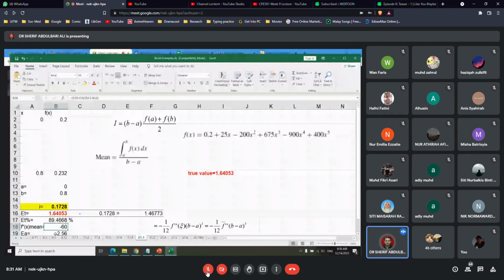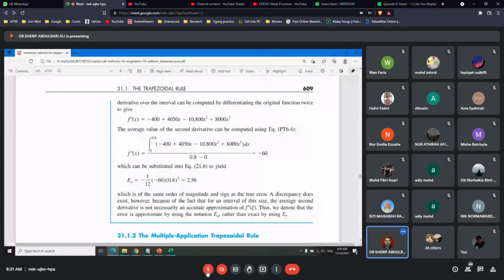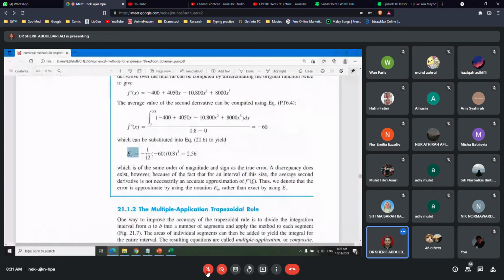Negative 1 over 12 times the mean of the second derivative of the function, which is negative 60, came from here, with the limits 0.8 minus 0 cubed. So the answer is 2.56. So now you already managed to calculate the approximate error of one single segment of the trapezoidal rule.